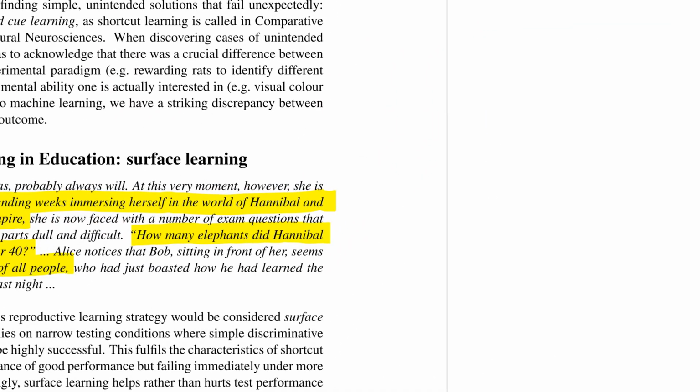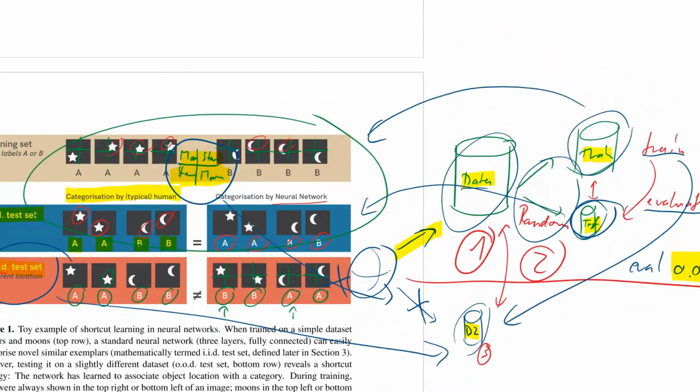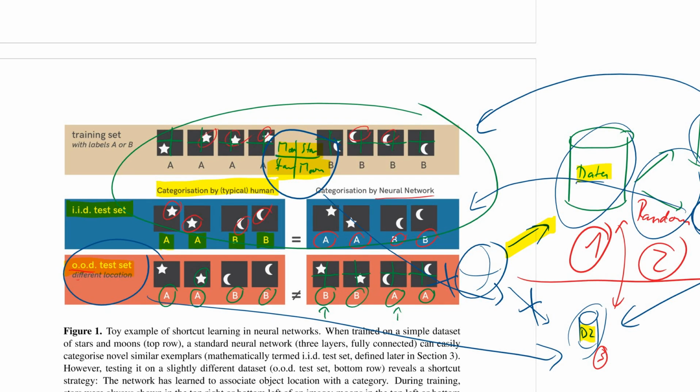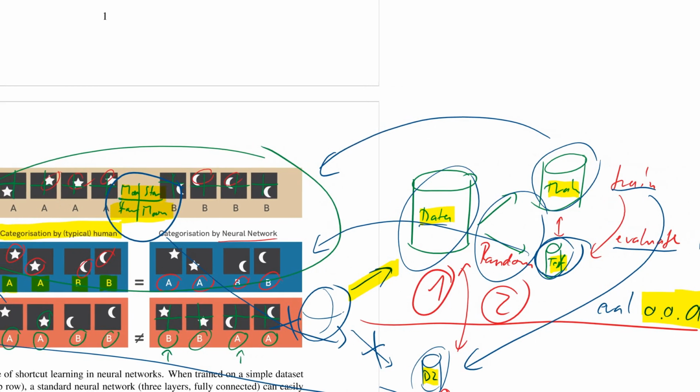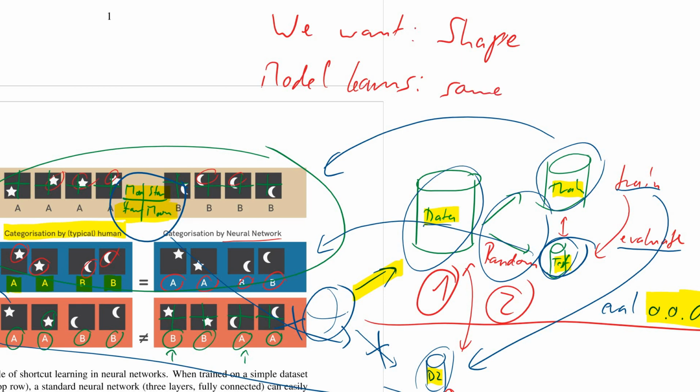The model learns something that we don't intend it to do, right? So here, and this might be pretty clear when you observe it, but what do we want? We want shape. And the model learns something else, right? Just something else.